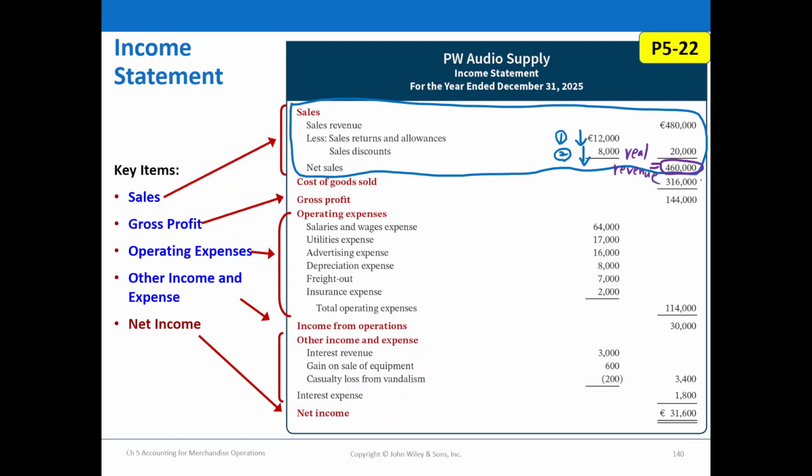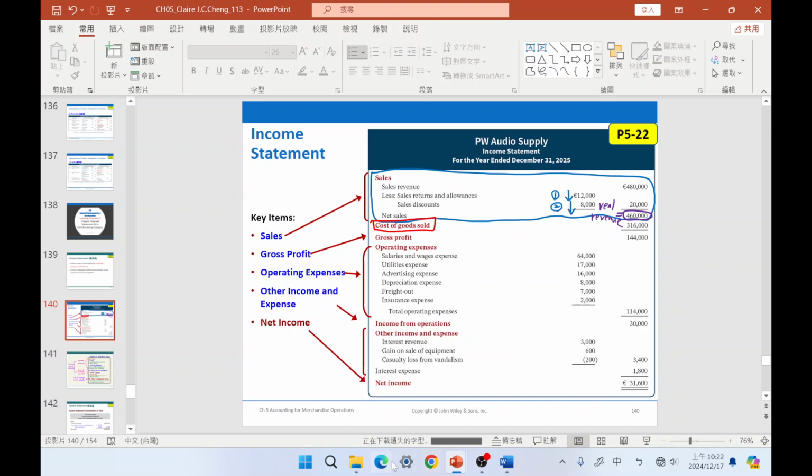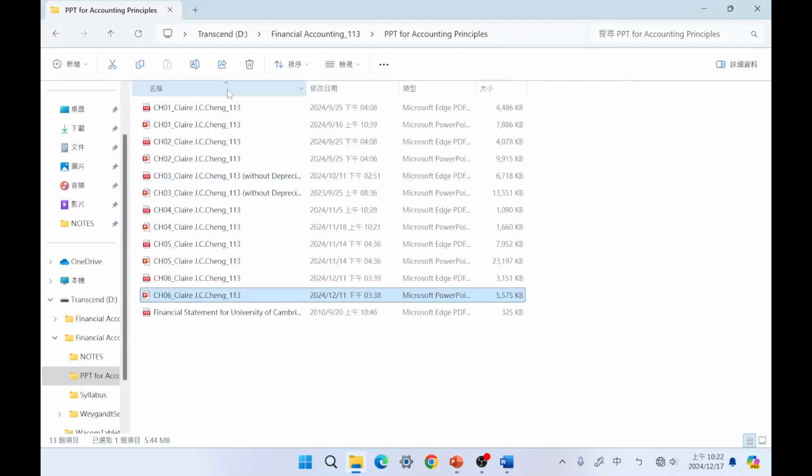So how about the second part? Cost of goods sold expenses, right? Here you should be careful. For cost of goods sold, it's not that simple. It depends on whether you use perpetual or periodic.